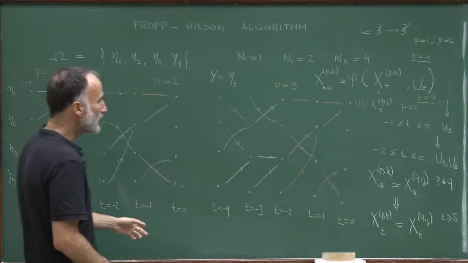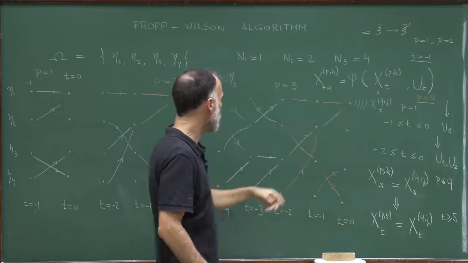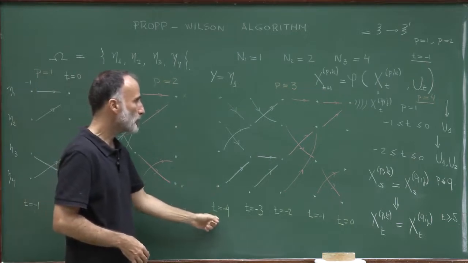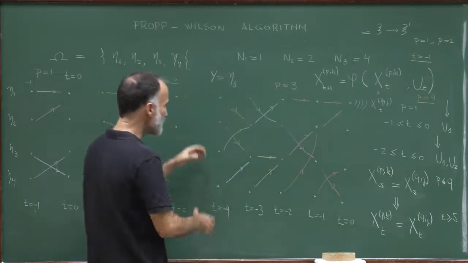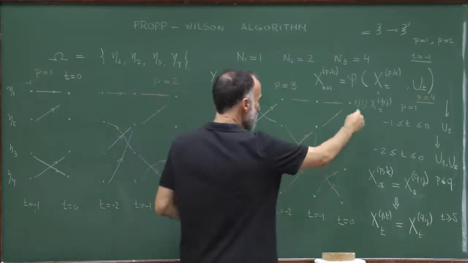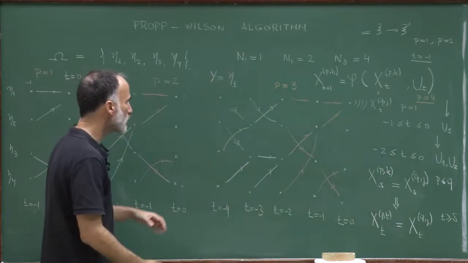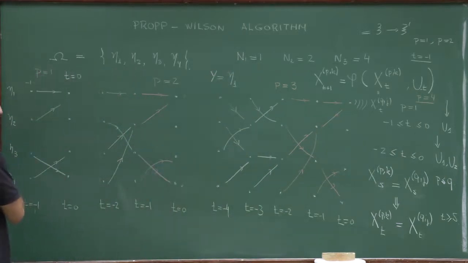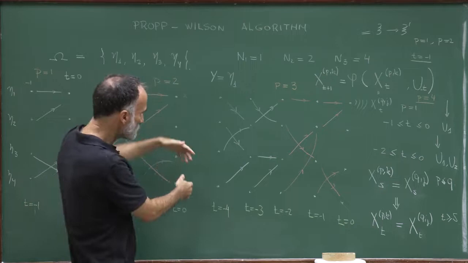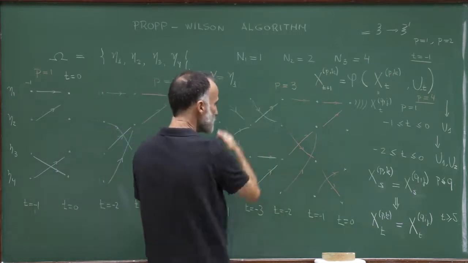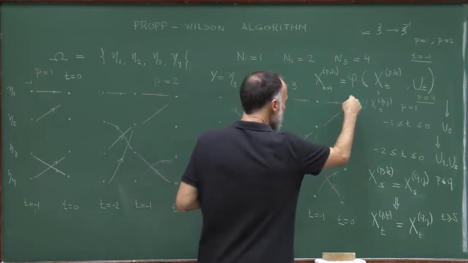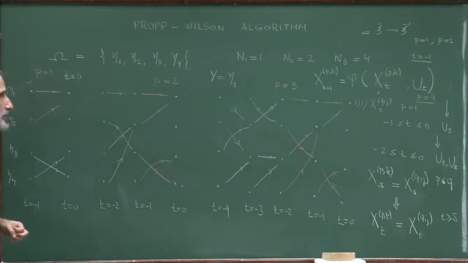So the final value, the value at time 0, does not depend on the history of the chain before time minus 4. The value at time 0 of this chain is fixed by starting at time minus 4 from all configurations, I reach a unique configuration at time 0. It means that whatever the past history of this chain, whatever this chain does before time minus 4, given that this is what it will do between time minus 4 and time 0, all chains will end at eta 1.